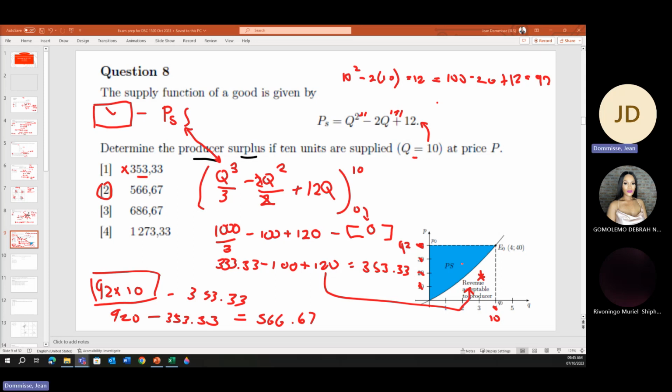So what I always do, and what I will send you guys today on the group, is a summary of the formulas.